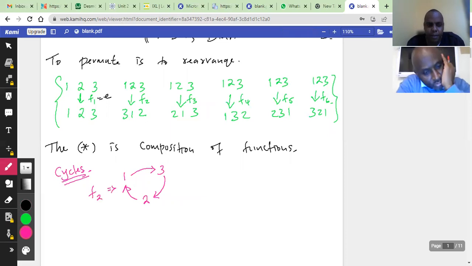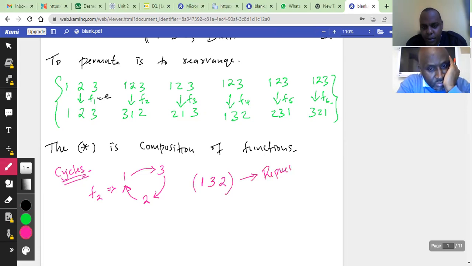That's what it's doing. It's taking 1 to 3, 3 to 2, and 2 to 1. As a cycle, you could think of this as 1 going to 3, 3 going to 2, and 2 going to 1. So this is the representation of the function F2 as a cycle.